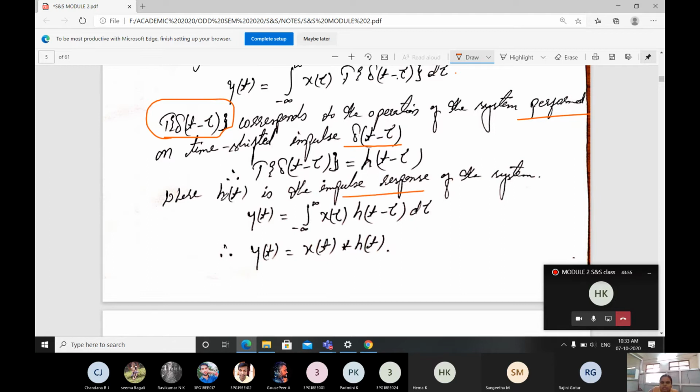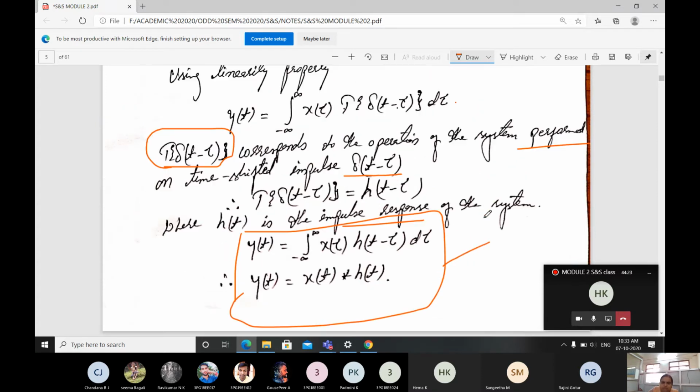In terms of continuous it is h of t; in terms of discrete it is h of n. Then y of t is the integration from minus infinity to plus infinity of x of tau times h of t minus tau, d tau. Therefore y of t is x of t convolved with h of t.